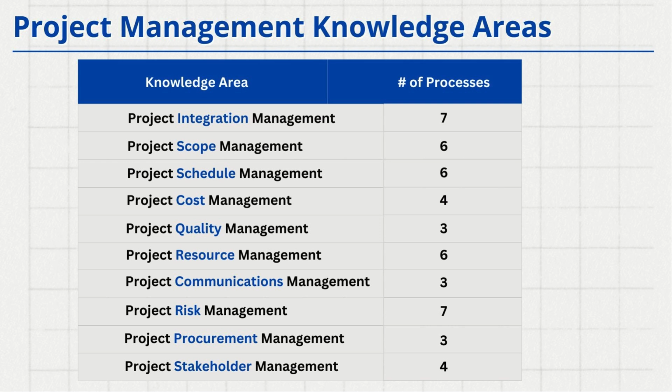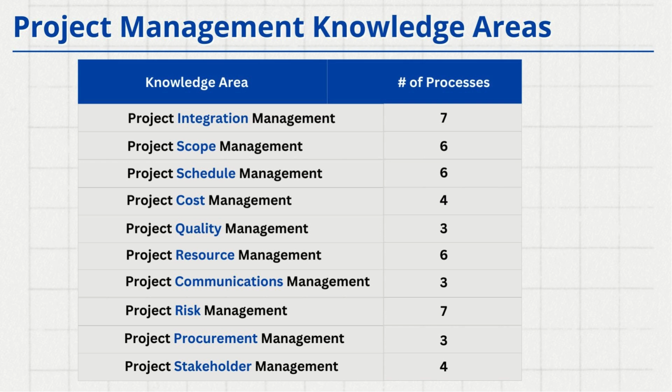I'm sure this must have given you a clearer idea about what we need to study as part of the exam. As part of the examination, we have to study how these processes, knowledge areas, and 49 processes are interlinked. We also need to go through all of these processes and understand them one by one as far as this training is concerned.